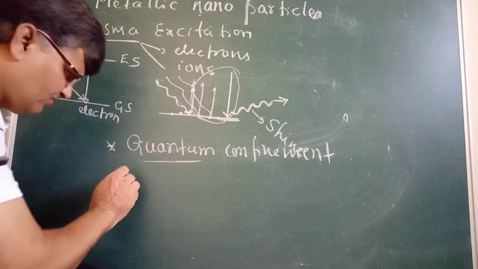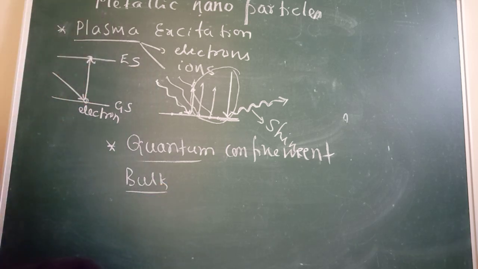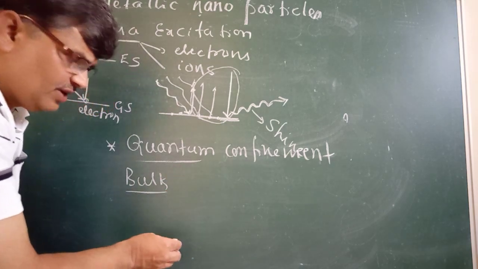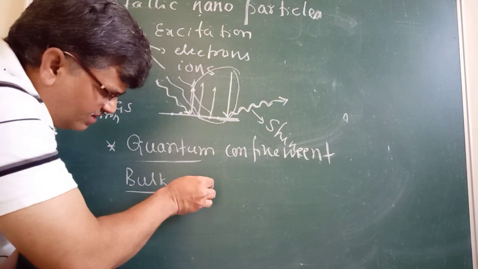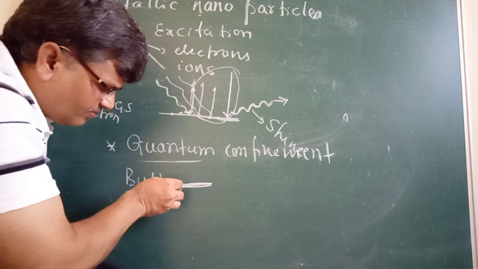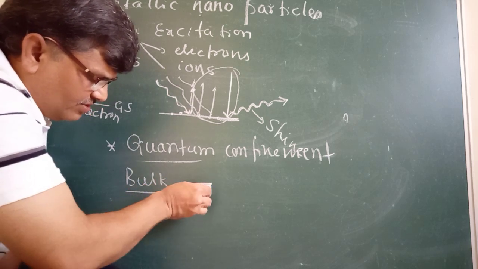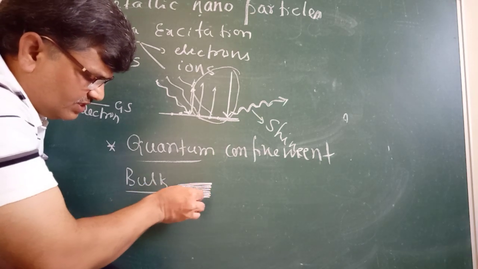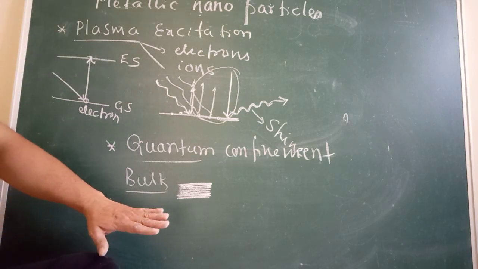For example, in the case of bulk material, in metals, if you see the energy levels in a particular energy band, these energy levels are very closely associated. You know the conduction band and valence band. It appears completely continuous.